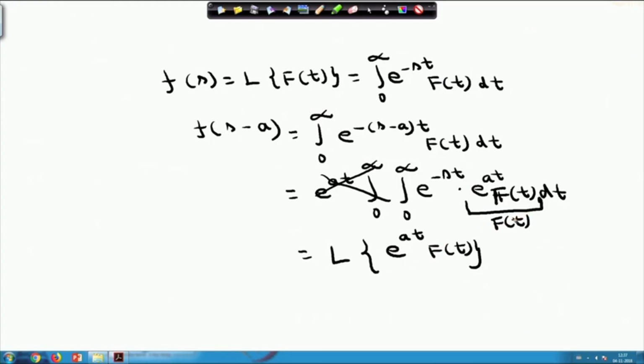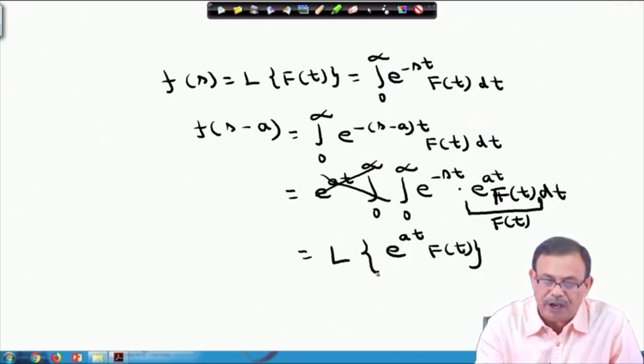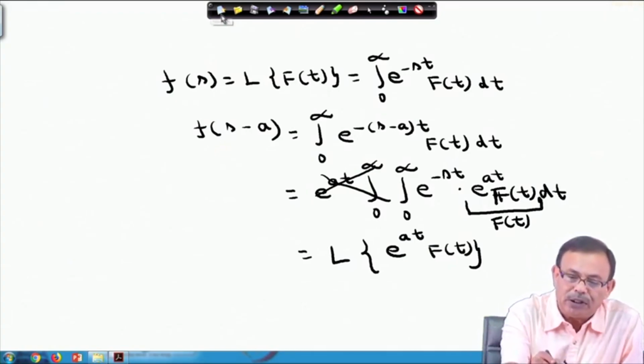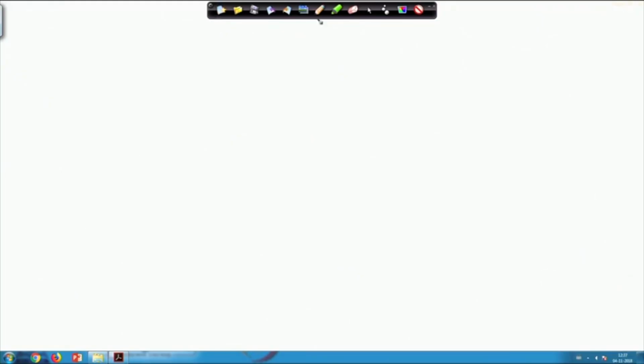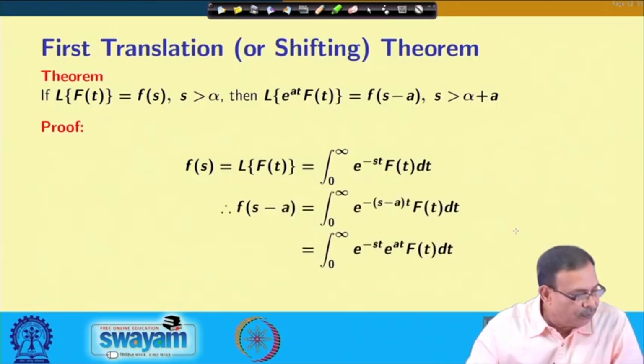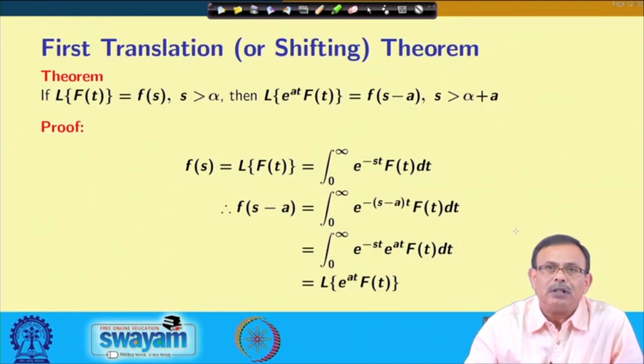So, this completes the proof that if the Laplace transform of f(t) is F(s), then the Laplace transform of e^(at) f(t) is F(s - a). Let us see again the same thing we are showing here, and this completes the proof.